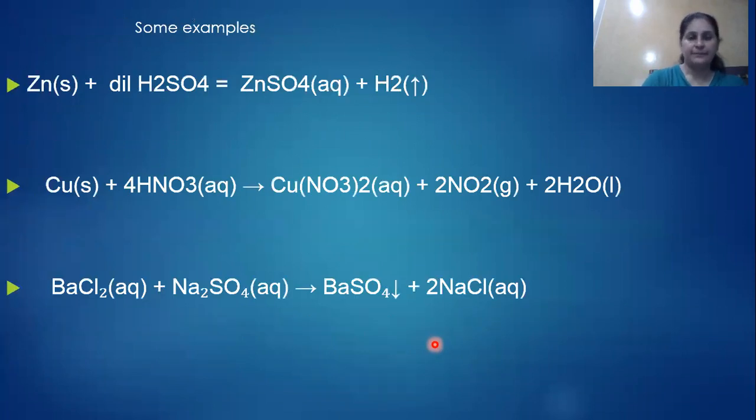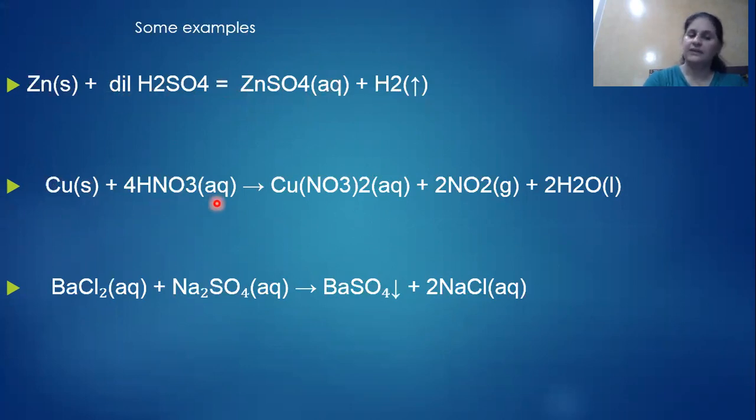Here are certain examples. You can see zinc is in the solid state. Sulfuric acid is dilute, more water, less acid. The product formed is aqueous, that means it is completely dissolved in water. Gas, an arrow pointing upward, has been evolved in the reaction. Second one, copper in the solid state.